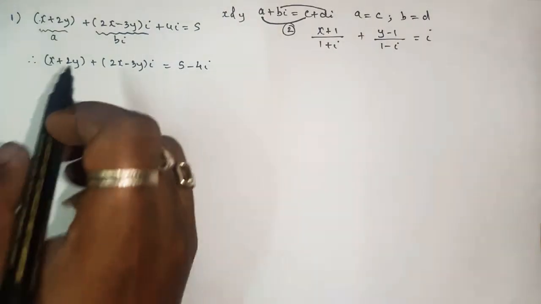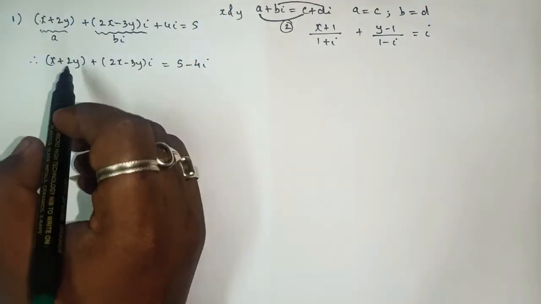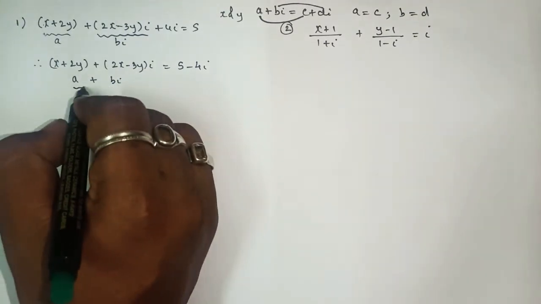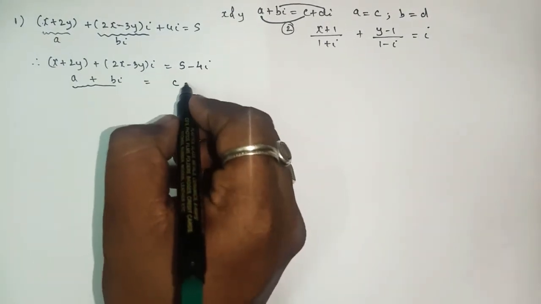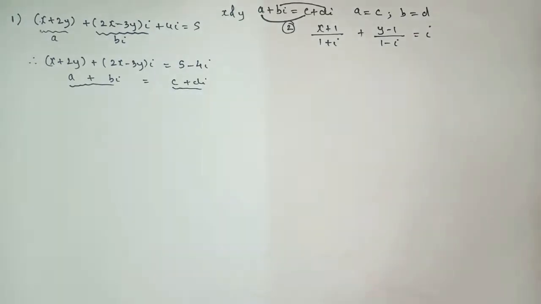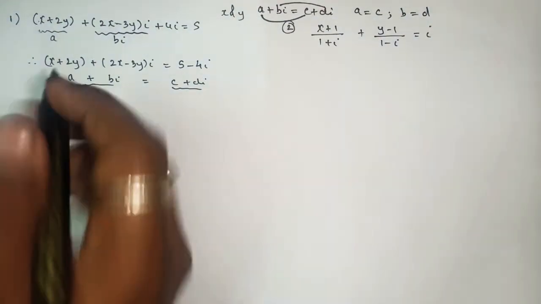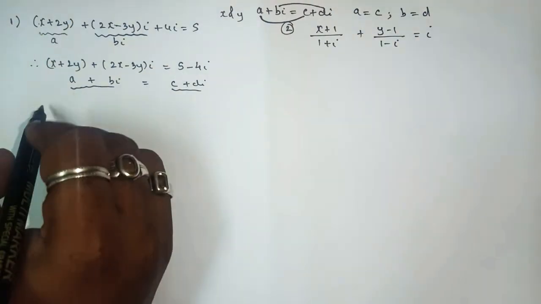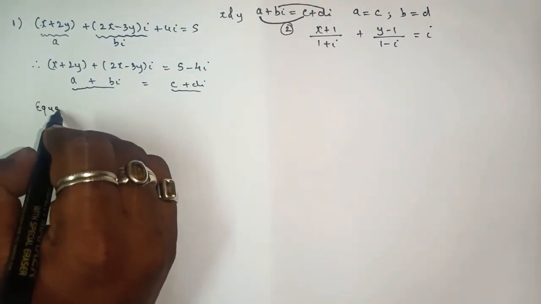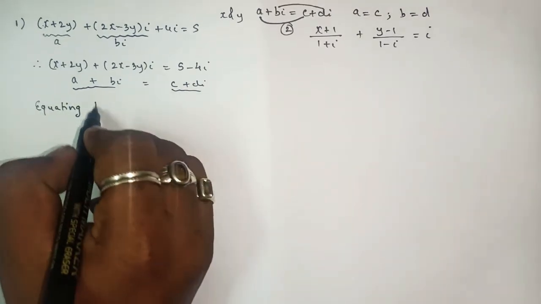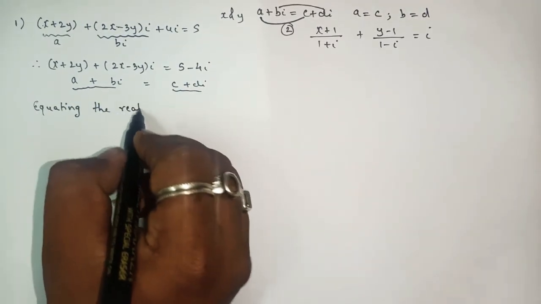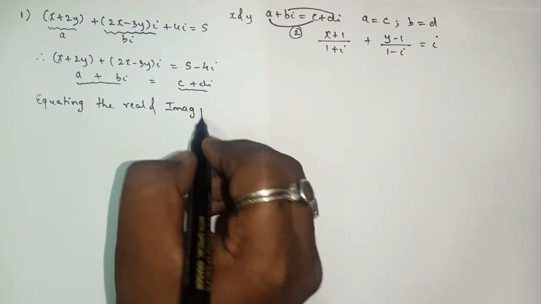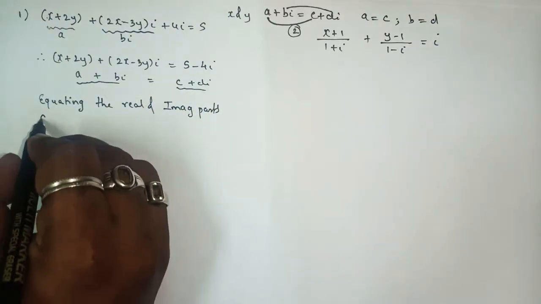Now clearly we can see that we have converted this in the form of a plus bi equals c plus di, yes or no. So as you convert the left hand side and right hand side as a plus bi and c plus di, what you have to do is equate the real and imaginary parts separately.